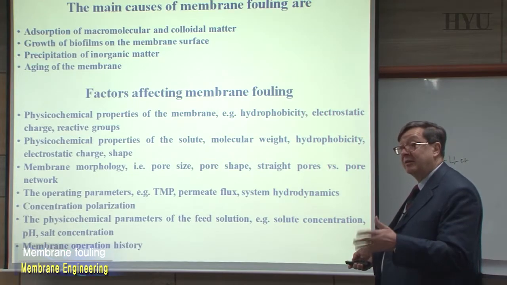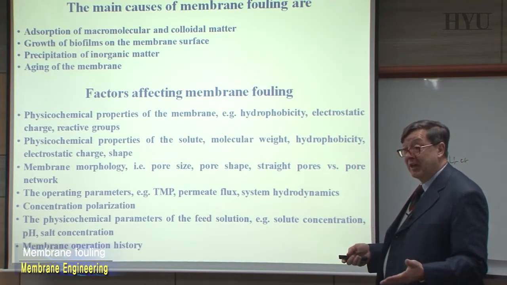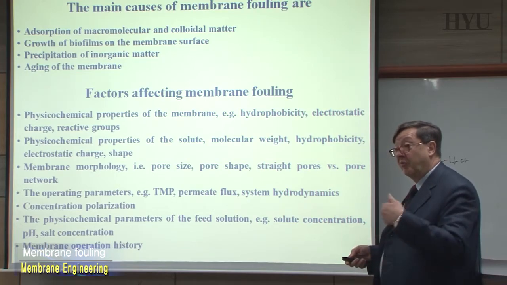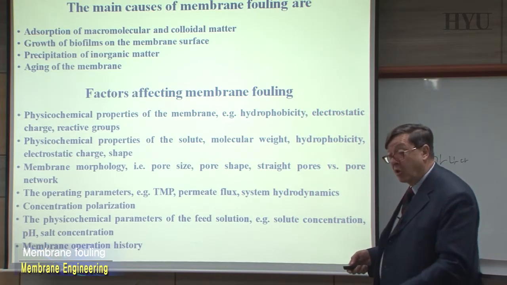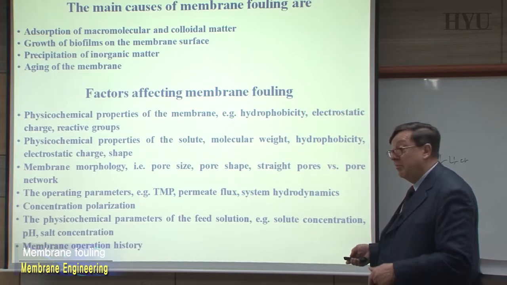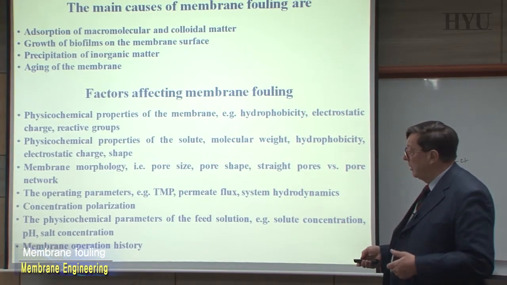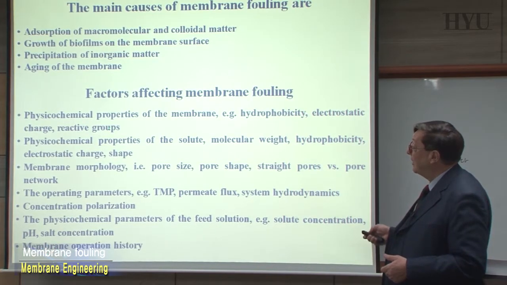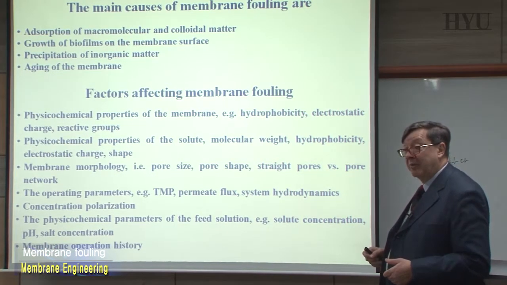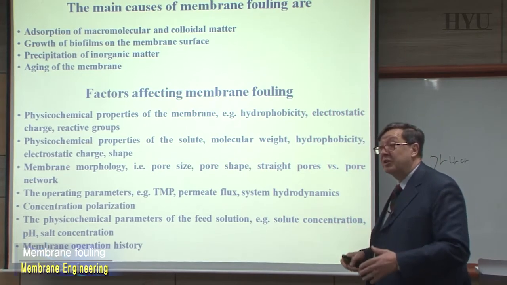The membrane, in fact, may be a virgin one, just used for the first time, or a membrane that you have been using for months, years, and after washing, you use again. It is very difficult to restore completely the initial behavior, which means that the history can have an effect on all these other parameters. So you have to take care also of the history of your membranes.